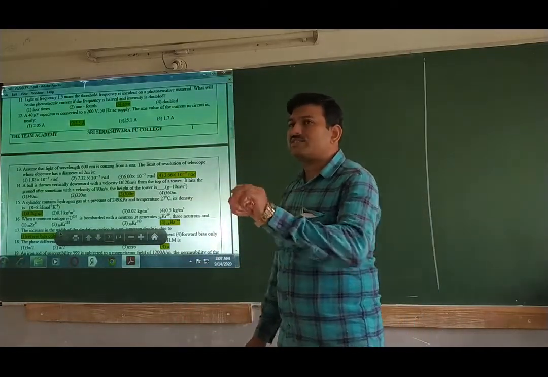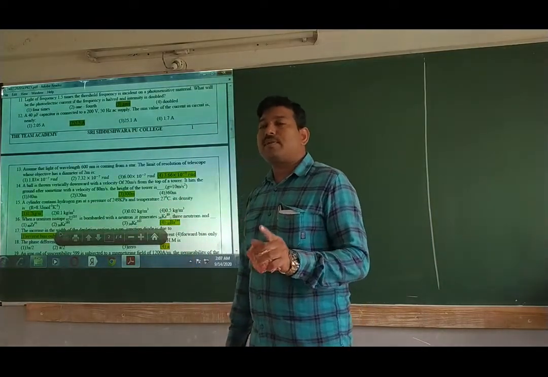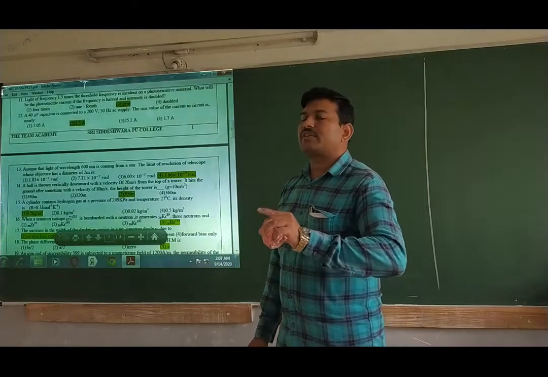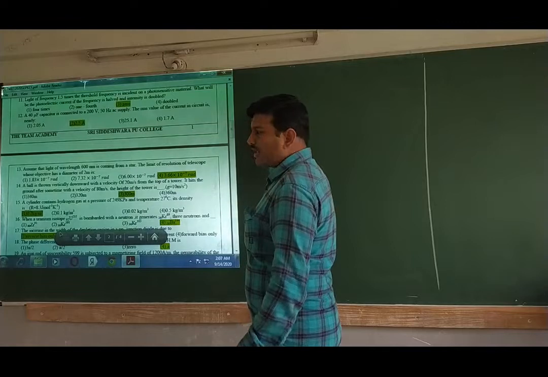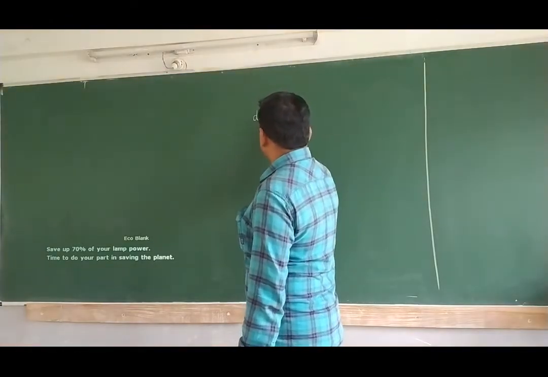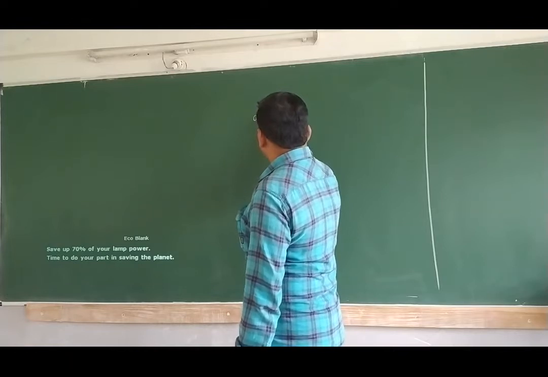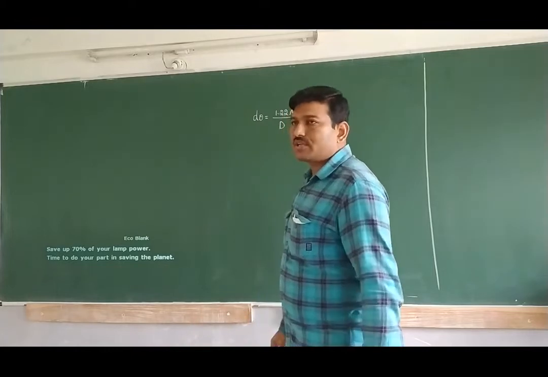For the telescope, limit of resolution is nothing but the angle. For a microscope, limit of resolution is the distance, but for the telescope, limit of resolution is the angle. So what is the limit of resolution formula? d theta is equal to 1.22 lambda divided by capital D, the formula for limit of resolution of a telescope.